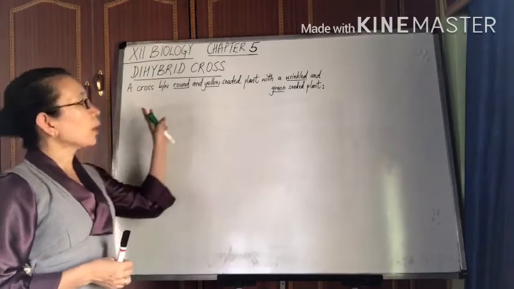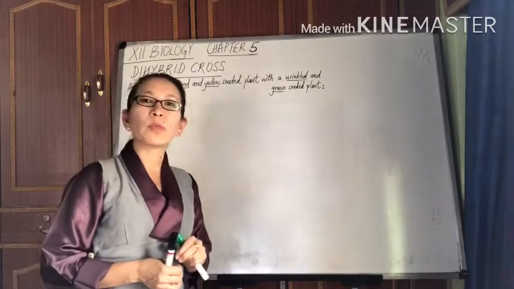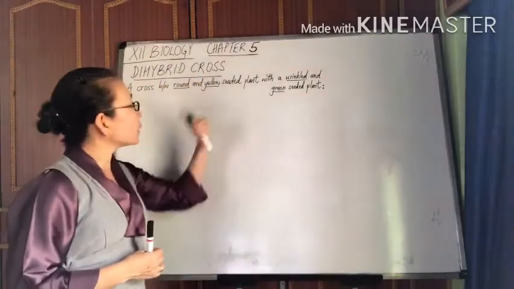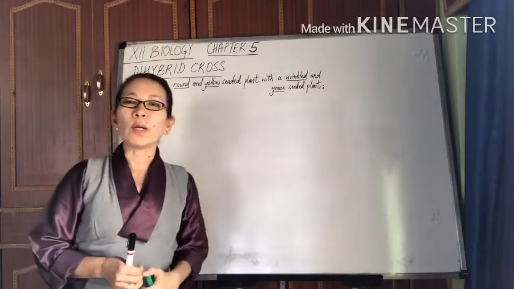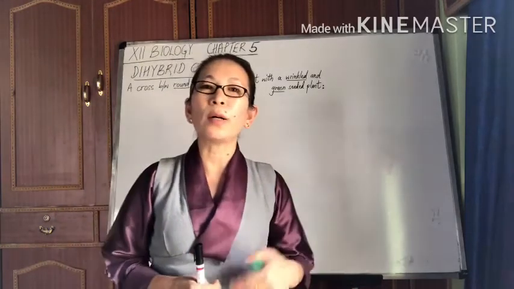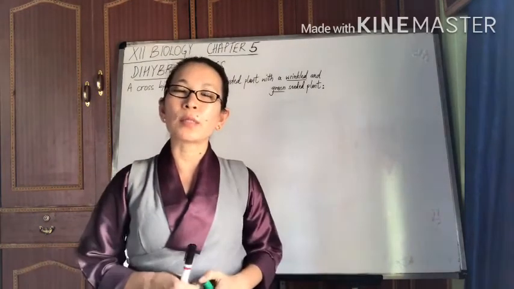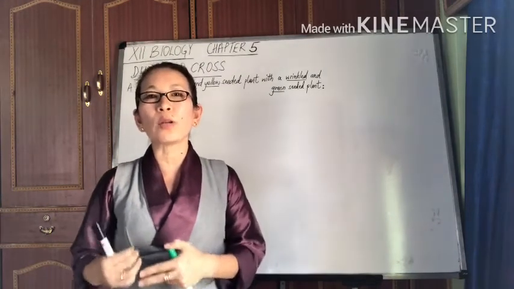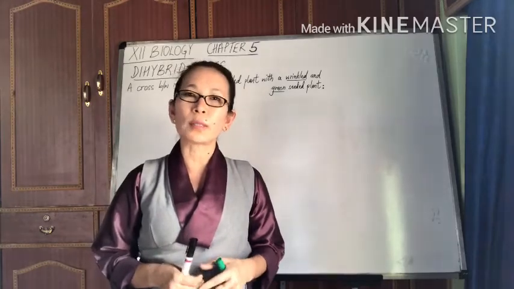In the seed shape, through Mendel's experiments, we know that round is dominant over wrinkled, and in the seed color, yellow is dominant over green. Now, we also know how to assign letters to the respective dominant and recessive factors.